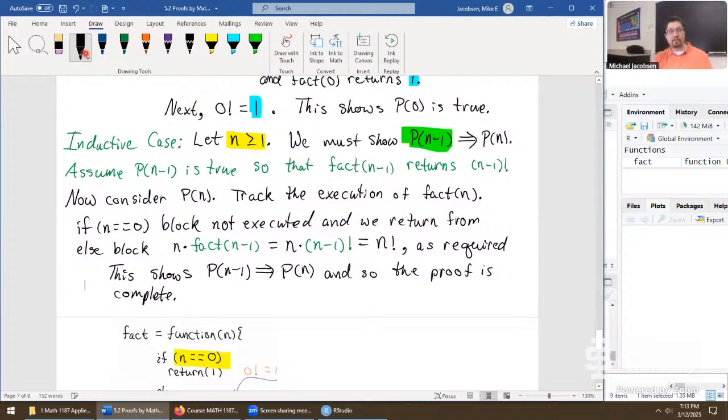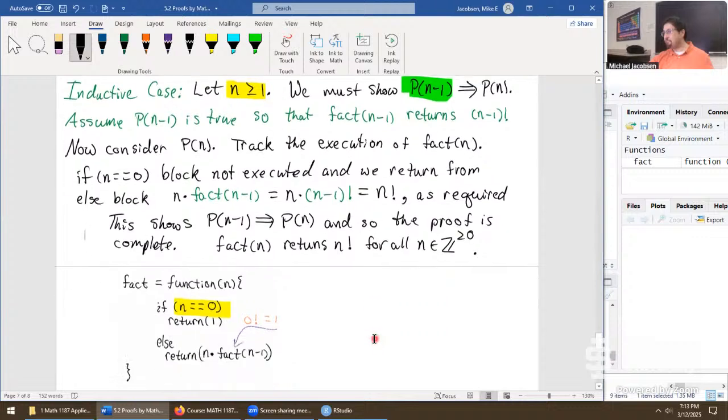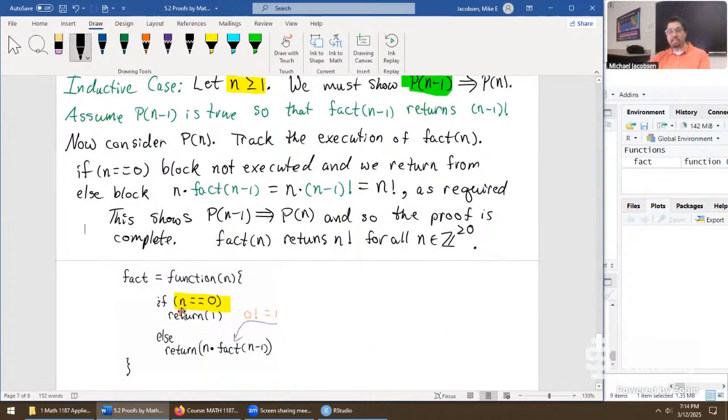But even though the proof is complete, let's just say one more thing. The factorial function fact(n) returns n factorial for all n in the integers greater than or equal to 0. And again, it was a simpler kind of thing that we showed here.